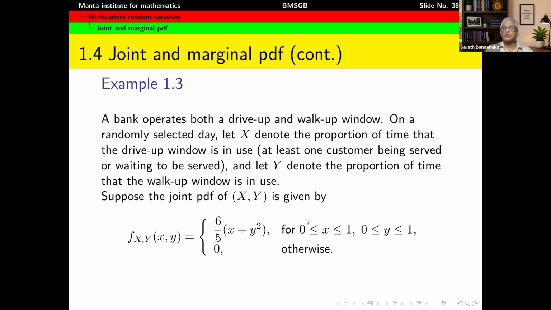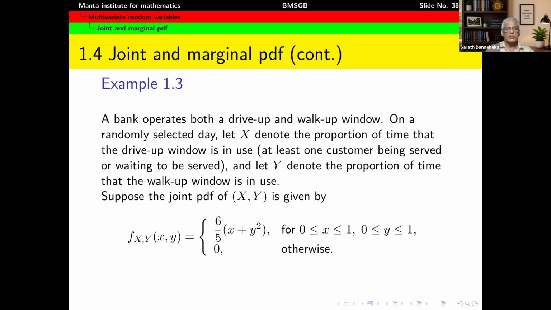So according to this, the support for this density function will be the square, from 0 to 1 on the x side, and from 0 to 1 on the y side. So it will be a square with 0 to 1 on both sides.